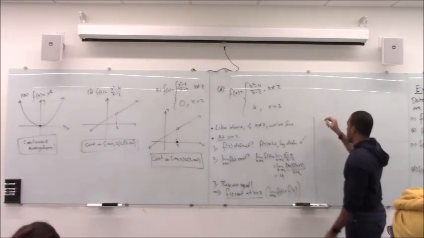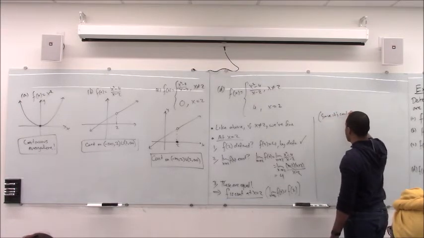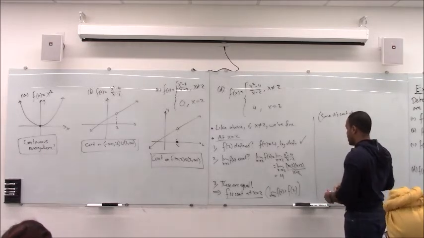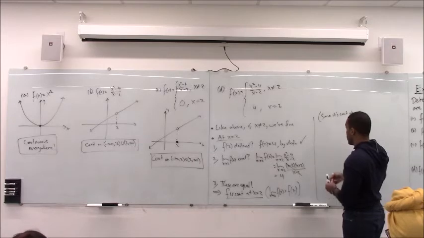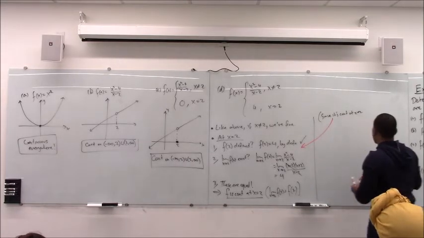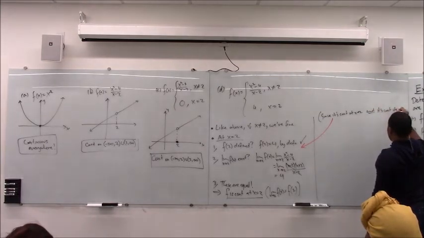now, you probably don't have to write this, but you can say, since it's continuous at 2, I know it's continuous at 2 because I just showed it was continuous at 2 here, and it's continuous when we're not 2.